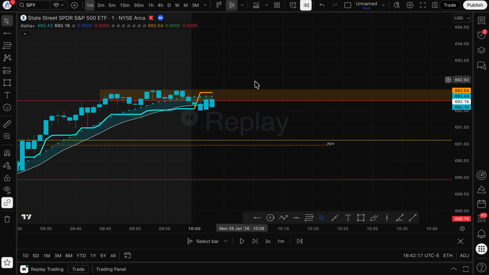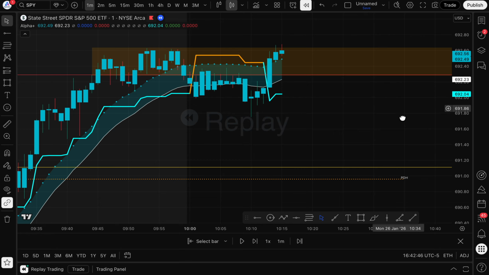Even though it's come down, that's kind of what I'm wanting. I'm wanting it to come down, then come back up and retest this area. And you'll see in a minute, that's exactly what it does. You see it's consolidating a little bit. Should pop up.